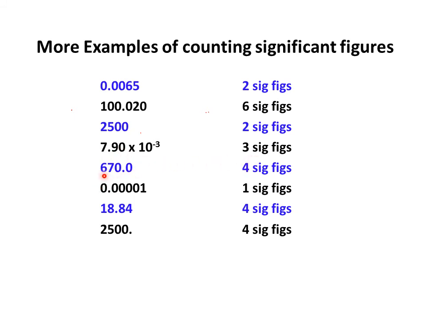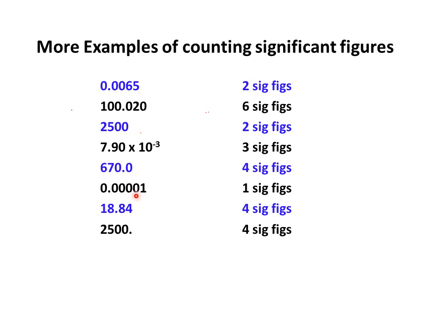In this case, 670.0. This zero comes after the decimal point. It's preceded by a non-zero number, so therefore it is significant, making this zero significant now because it is a captive zero. So I would count 1, 2, 3, 4 sig figs here.